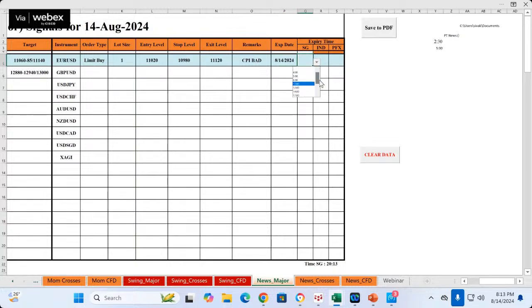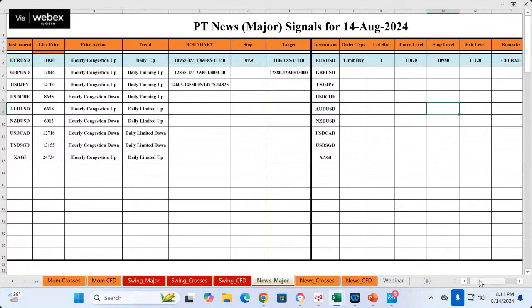Okay, I think we have expiry at half an hour, just half an hour after the data is out. Okay, this is the expiry. So you key in this order and you let it work.